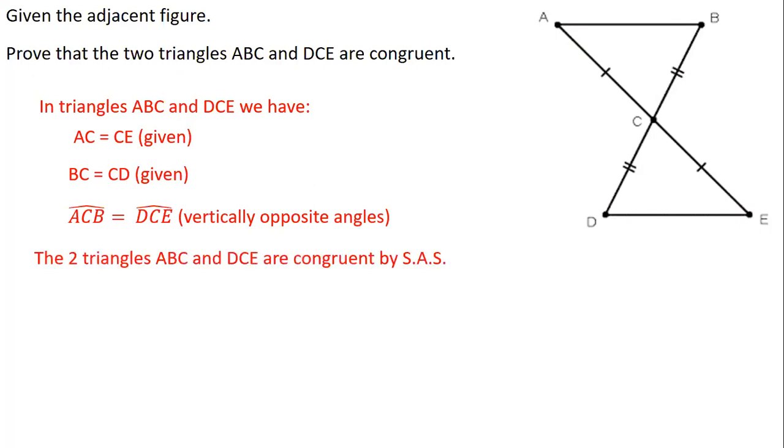The ending sentence: the two triangles ABC and DCE are congruent by SAS. Thank you, Karam. Side angle side.